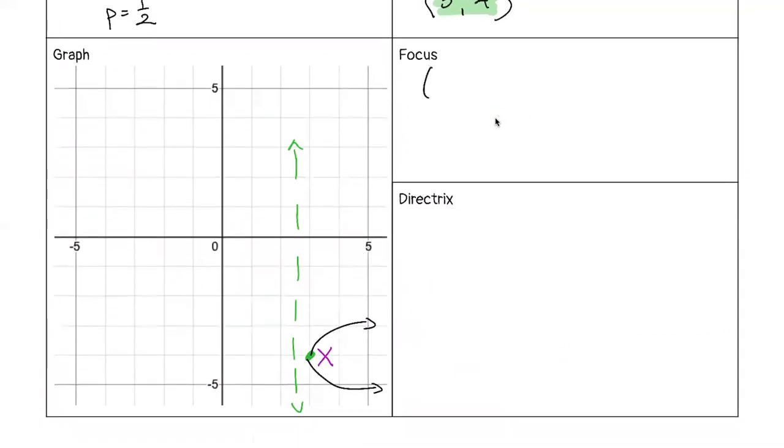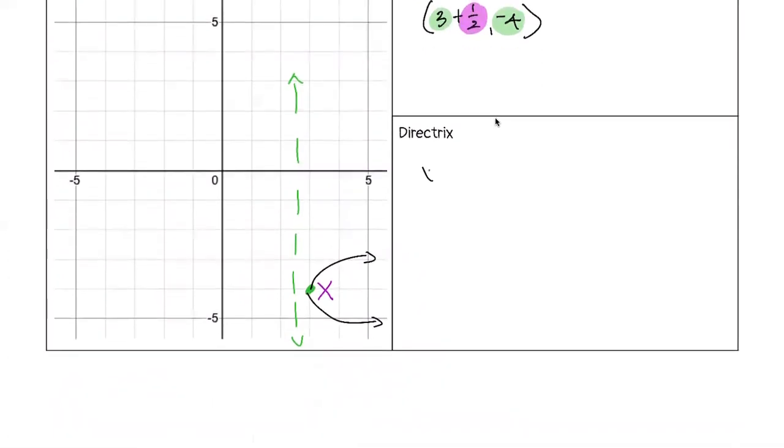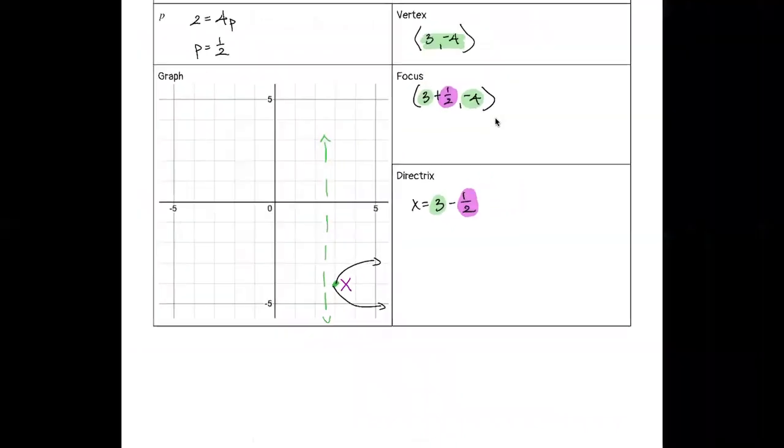Well, I took my center, I added 1/2 to the x to find the focus, right? And then how did I find the directrix? Well, x equals 3 minus 1/2.